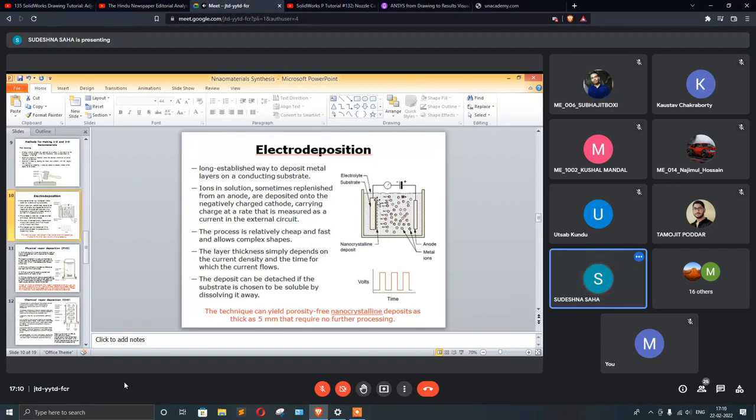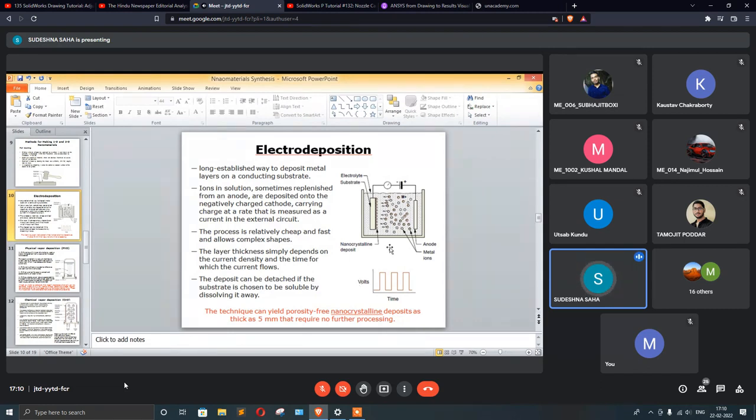If we can create a smooth surface on the substrate by using electrodeposition, that is basically very useful in certain cases, because most often, although we are talking about the nano range, sometimes we need a very thick coating on top of certain substrate.